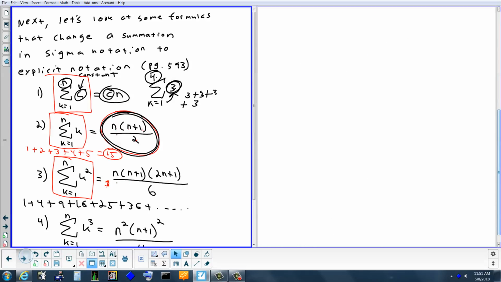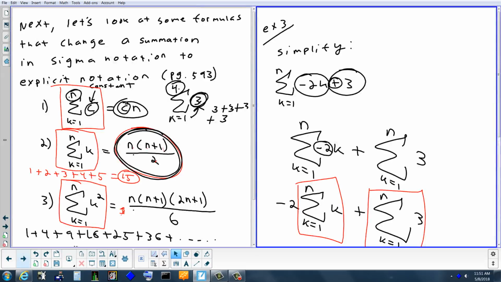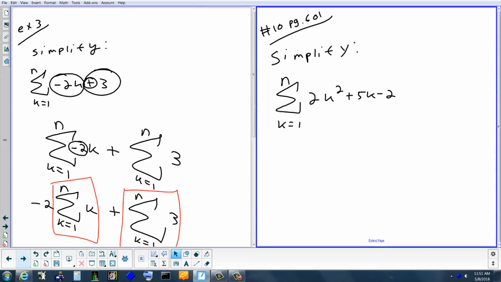I think I have one more of those. Okay, let's try this one, but I'm going to change it. I'm going to get rid of the squared term. So it's the sum from k equals 1 to n of 5k minus 2.